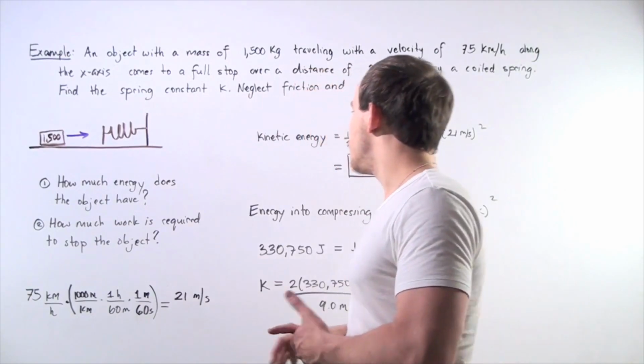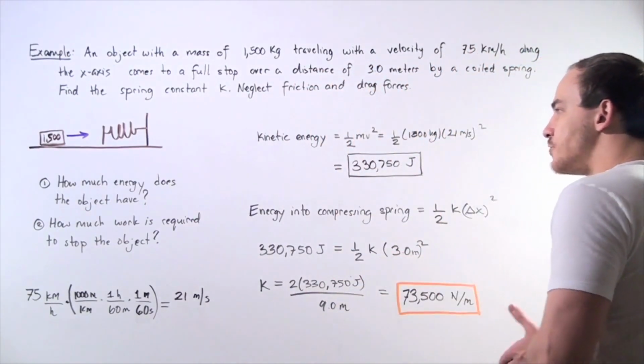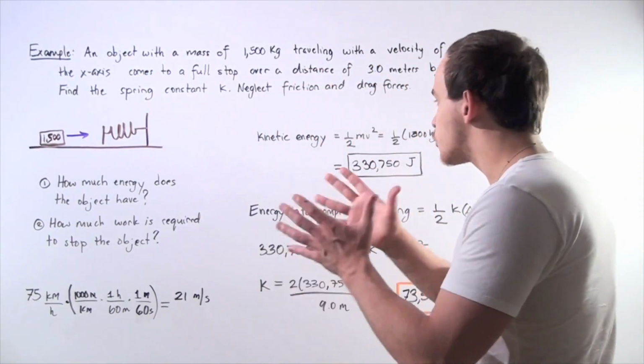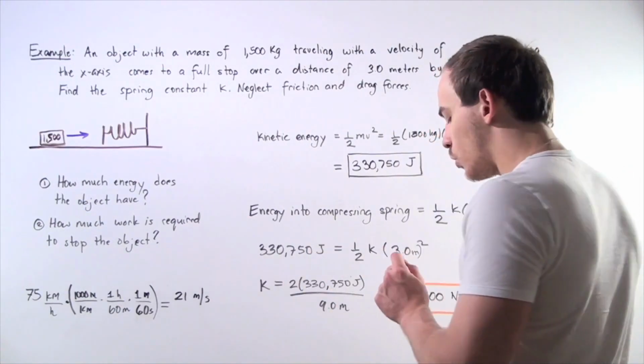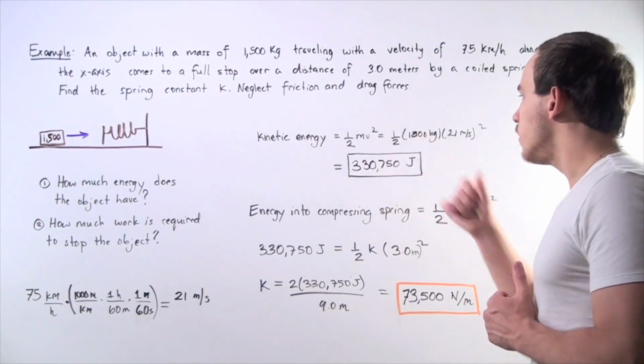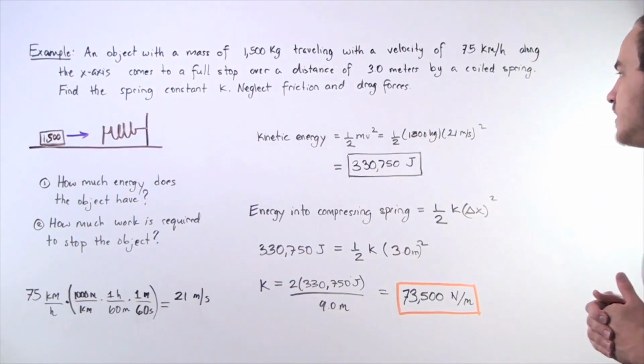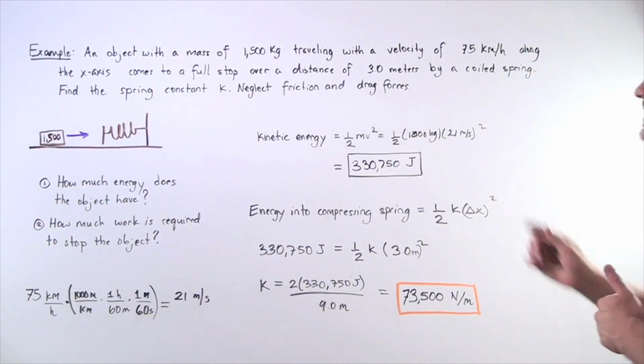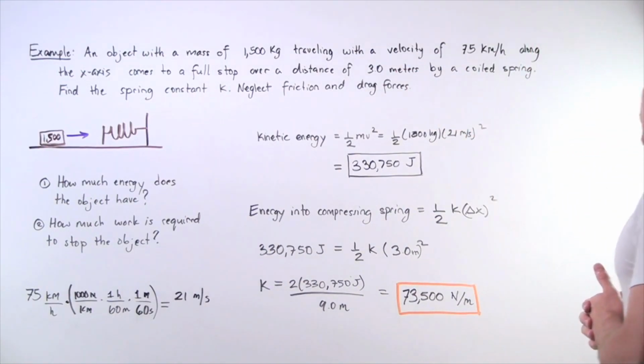So using this information, let's answer question number one. How much kinetic energy is in our object when it's traveling with a velocity of 21 meters per second? We have our formula, 1/2 times m times v squared. We know the mass is 1500 kilograms and our initial velocity is 21 meters per second.